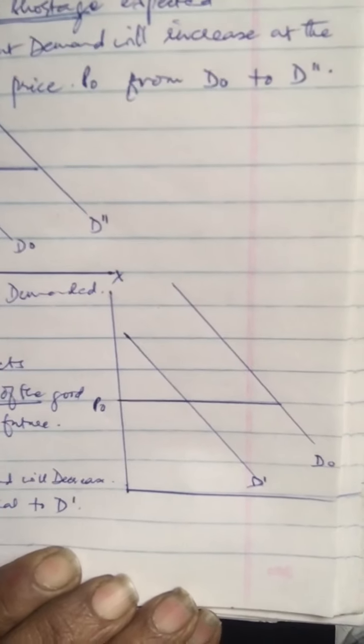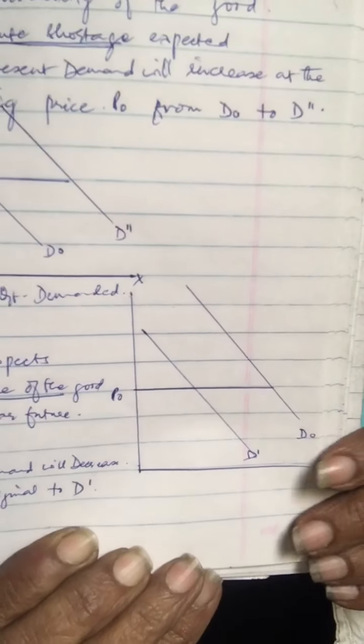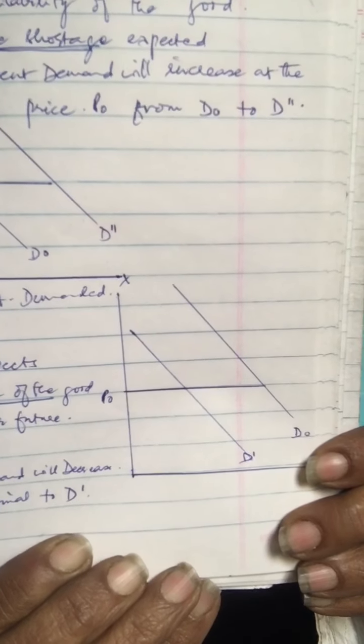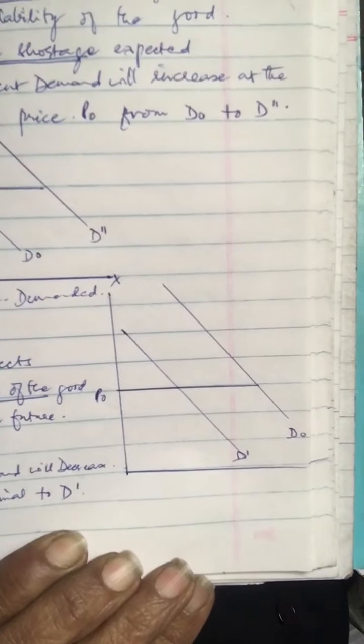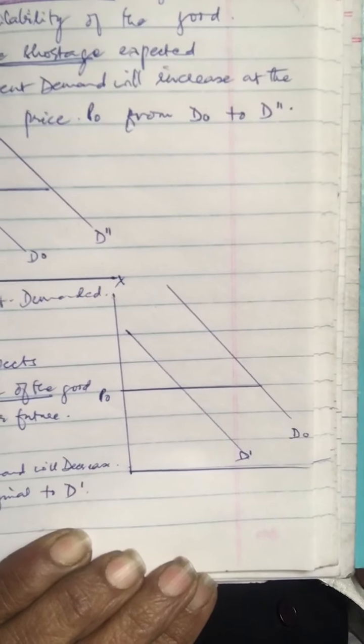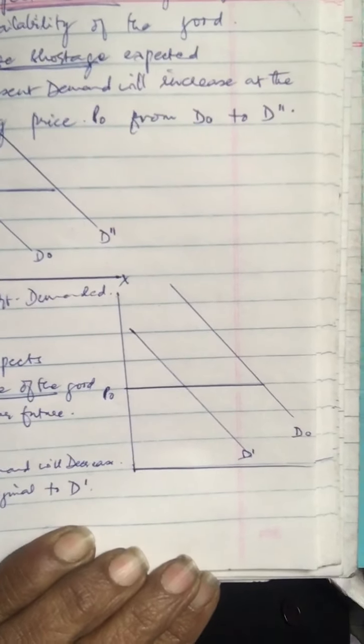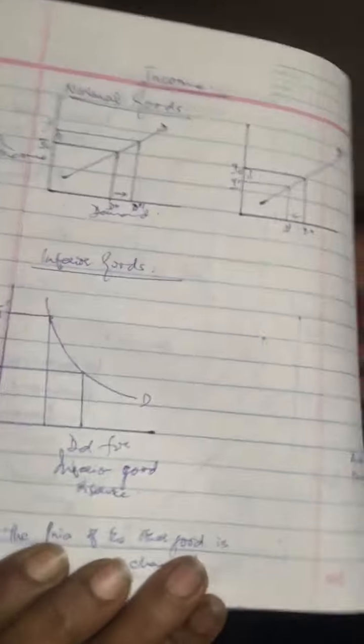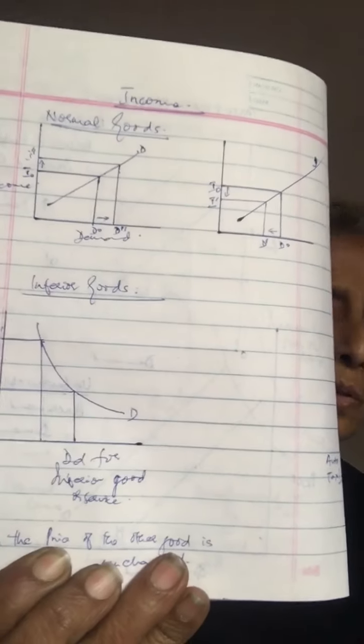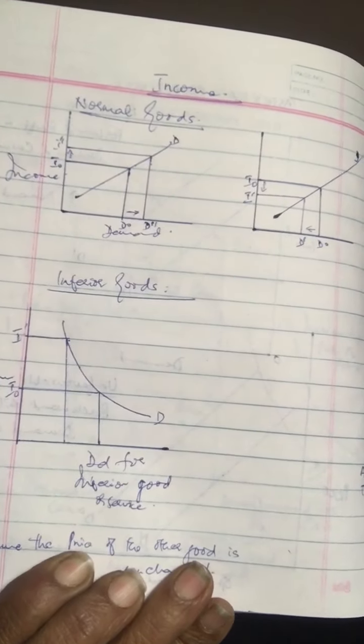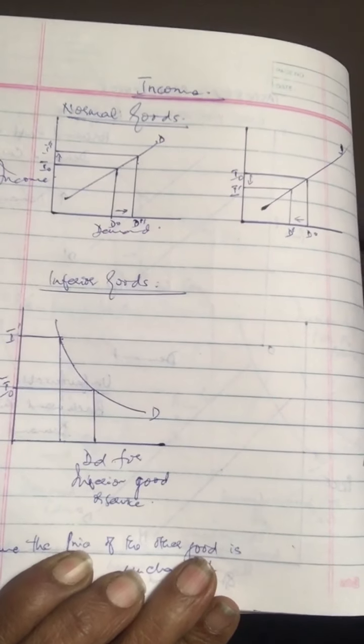Now, interestingly, talking about inferior goods, once again, we talked about inferior goods with the help of income and demand. Suppose at the present income, you demand the services of the auto rickshaw for travel.